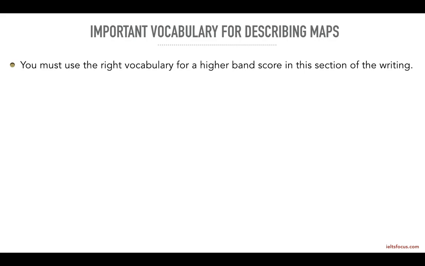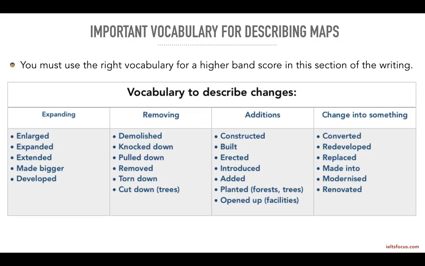Now we need to use important vocabulary for describing maps. You need to use this kind of vocabulary and language for a higher band score in this section of the writing. So in this case with maps, we're going to be looking at vocabulary to describe changes. So for expanding, for example, enlarged, expanded, made bigger, developed.